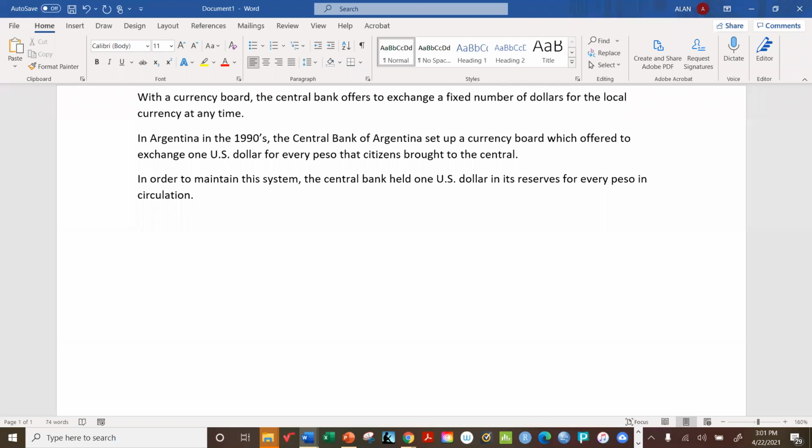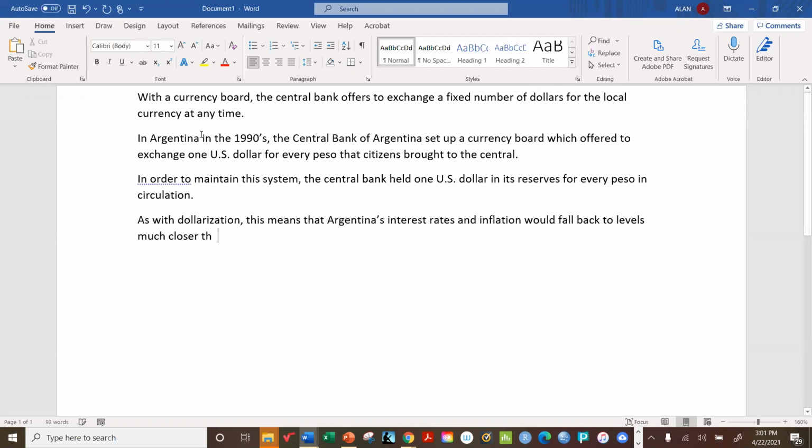Now the good thing about this, like with dollarization, is that Argentina's interest rates and inflation would fall back to levels much closer to those of the US dollar.